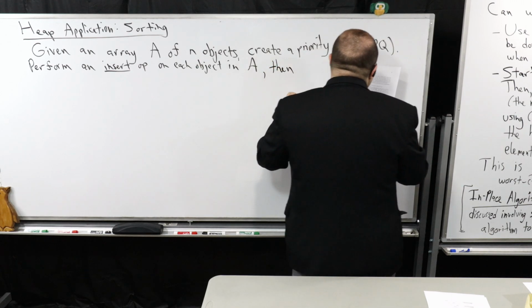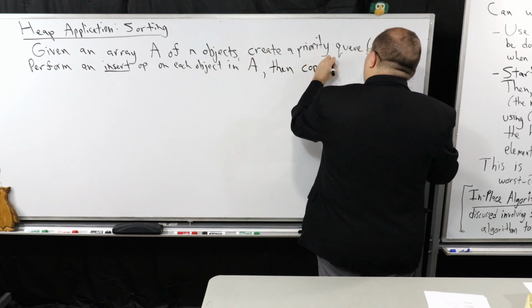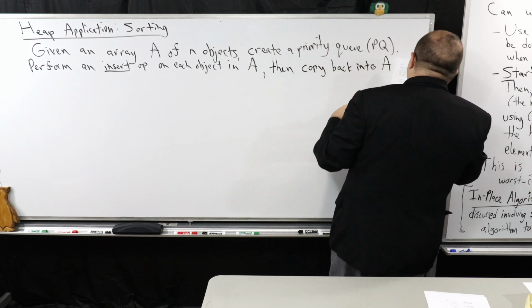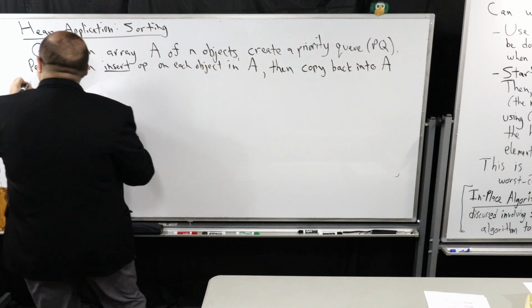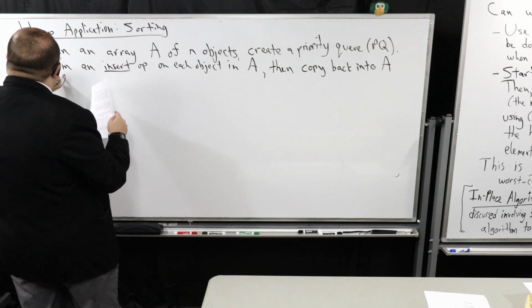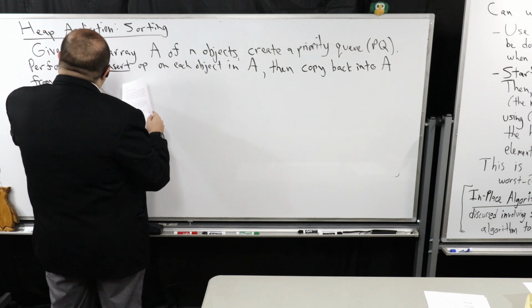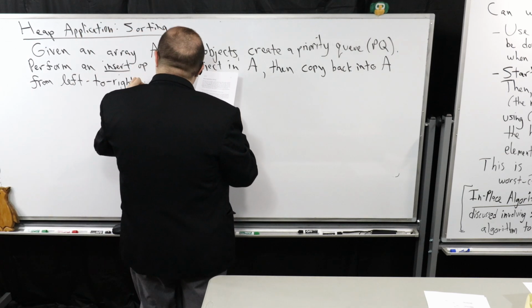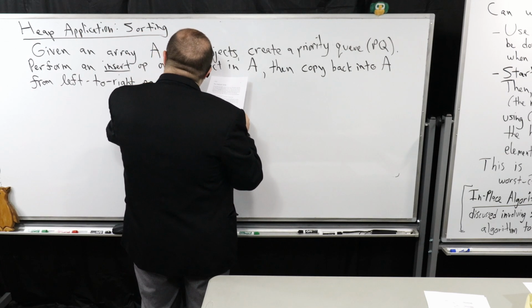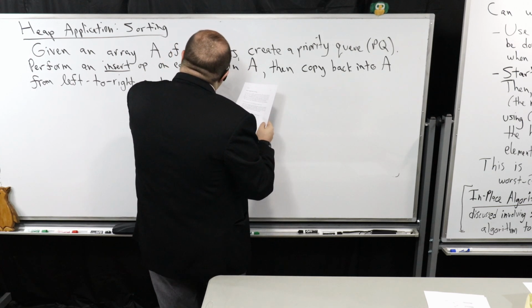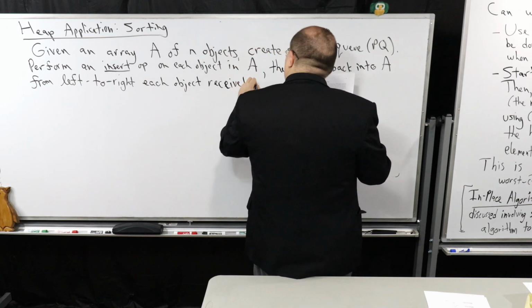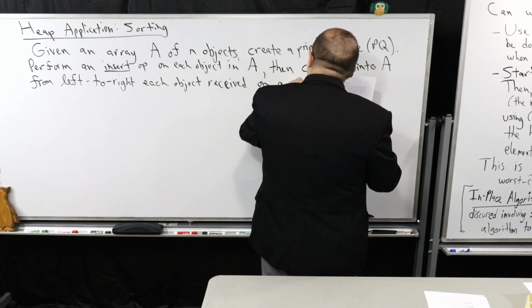Then copy back into A from left to right each object received on a remove min call.